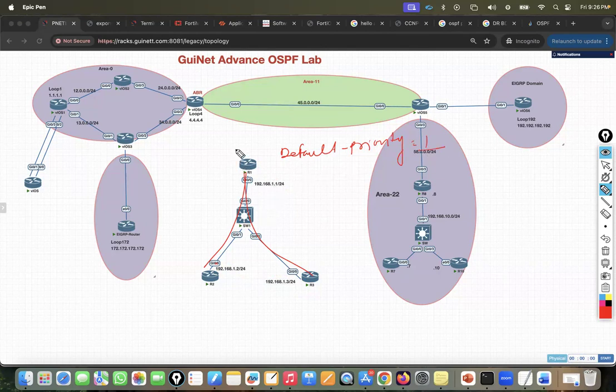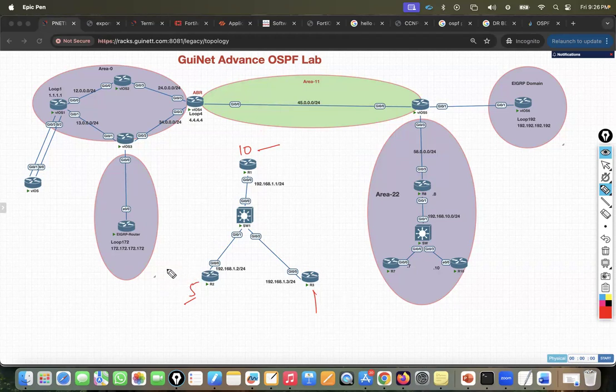If I make the priority 2 here, this one 1, and this one 0, then this is going to be my DR, this my BDR, and this my DR other. Or I can make the priorities 10, 5, 1, so this is DR, BDR, and DR other. So the highest priority is going to be your DR, and the second highest is going to be your BDR.